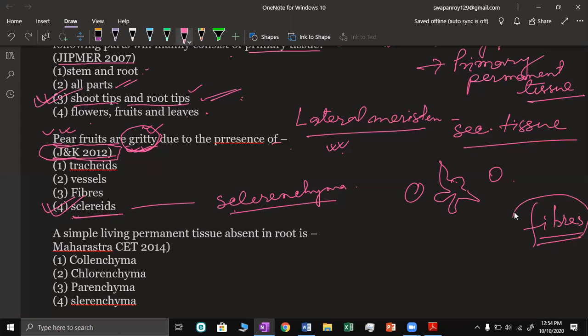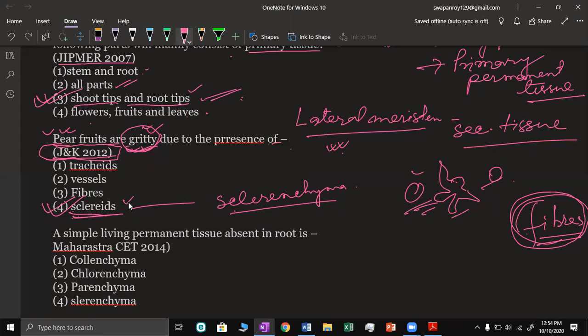Sclerenchyma fibers are found in groups, in mass, but the sclereids are found isolated. Different types of sclereids are there.